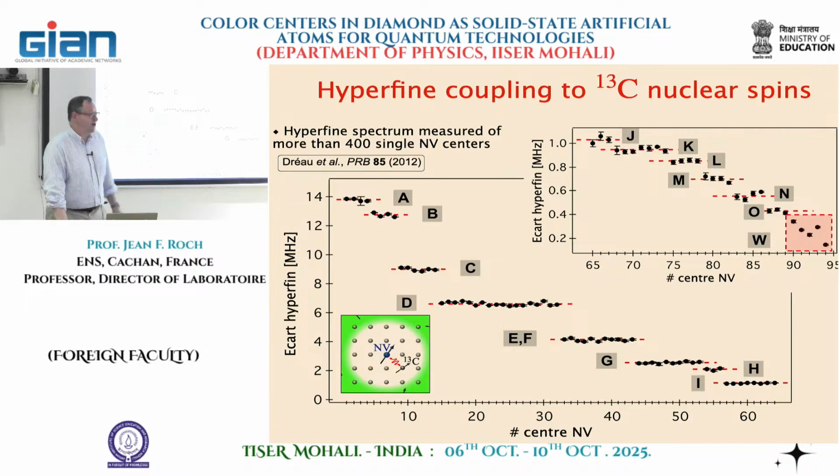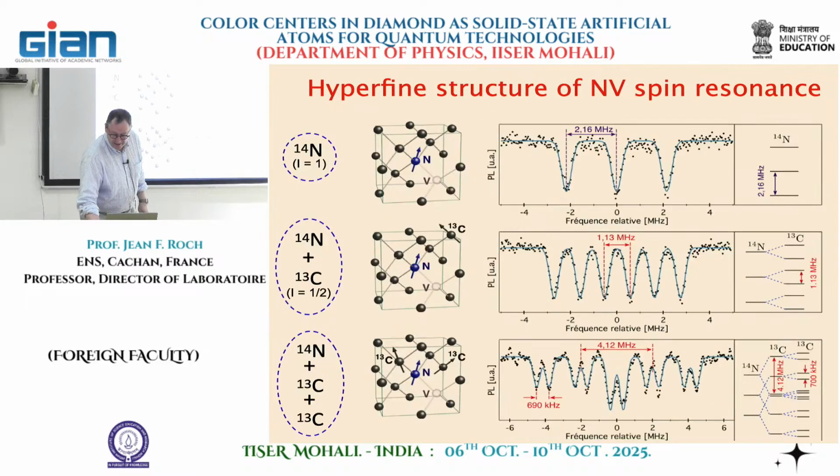And this exploration was done by Anaïs in her thesis. She recorded the hyperfine spectrum on more than 100 single NV centers. After this large ensemble of data, she could classify all these couplings to nuclear spins into different families. Here you have the number of NVs that corresponds to the coupling with different hyperfine couplings, as you see here.